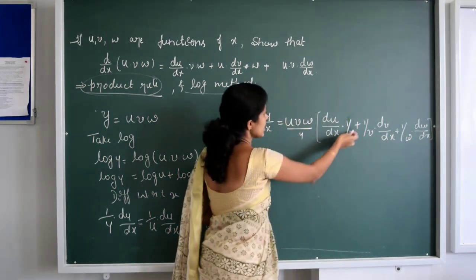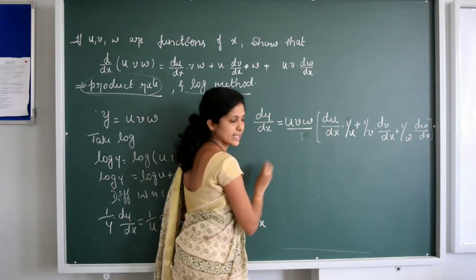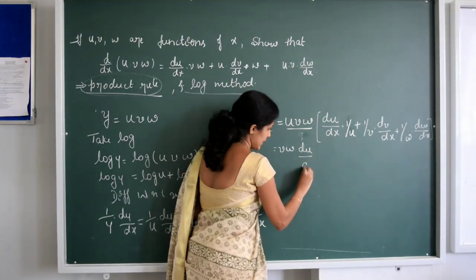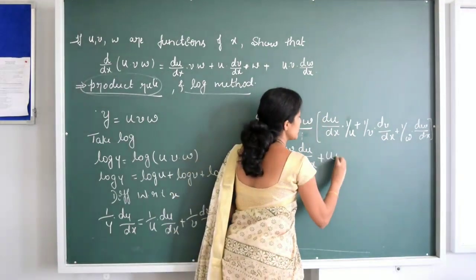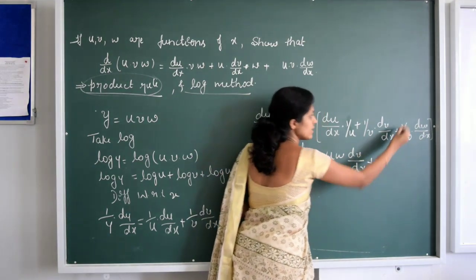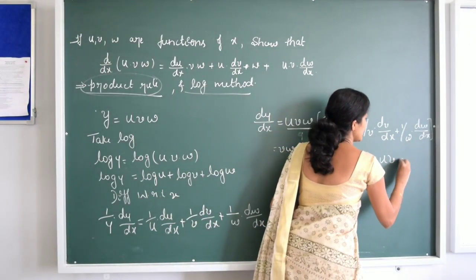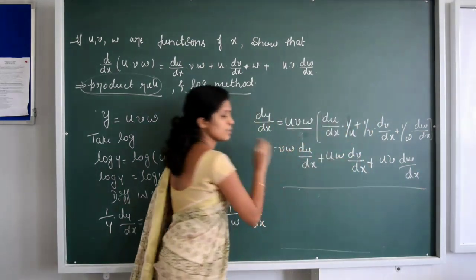If you multiply this, u and u will get cancelled. So this is equal to vw into du by dx plus, here v and v will get cancelled, what remains is uw into dv by dx, plus here w and w will get cancelled, remaining with uv into dw by dx. Right, so this is the proof of that one.